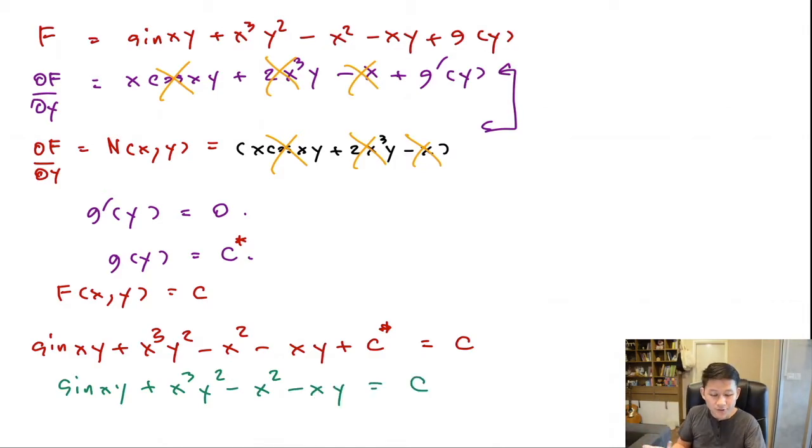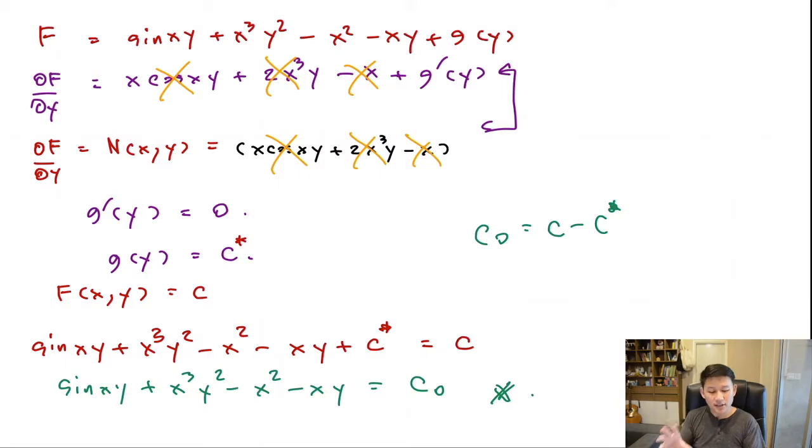I can call it c0 if I want, where c0 is c minus c star. But as I told you guys, they are just constants, okay? So you can just call it c if you want, okay? And that is the solution. Make sense?